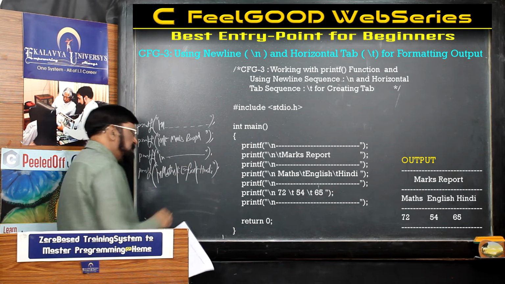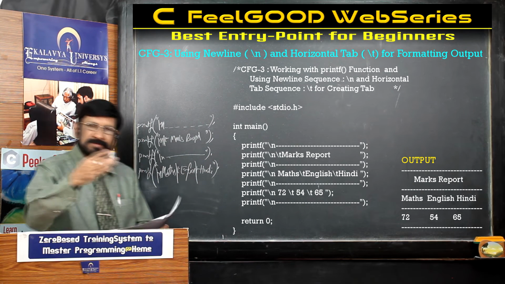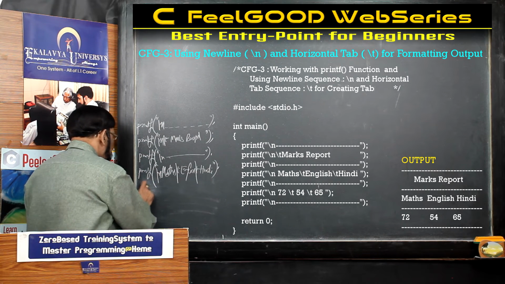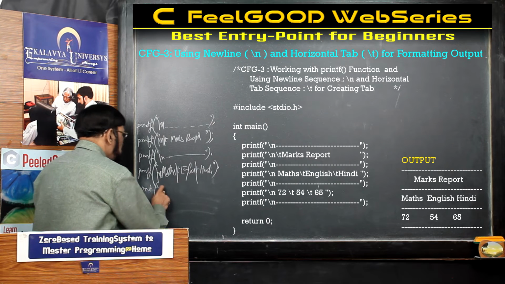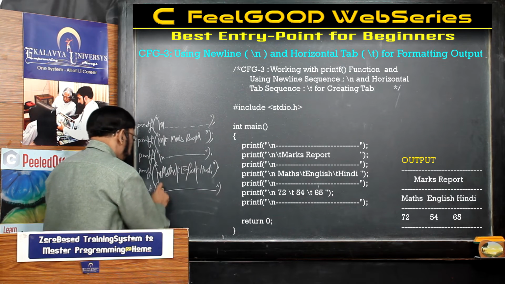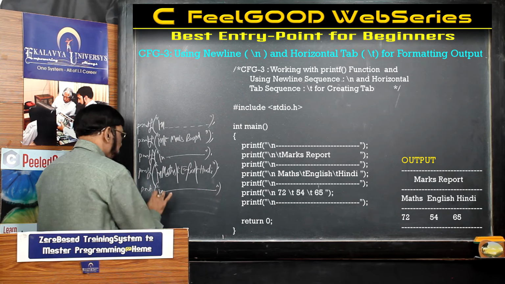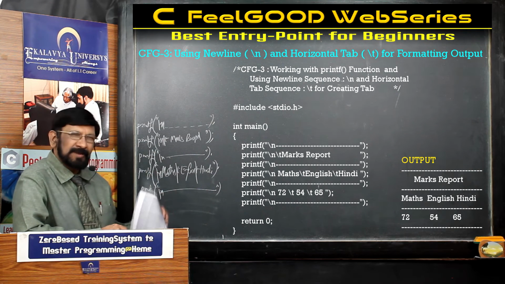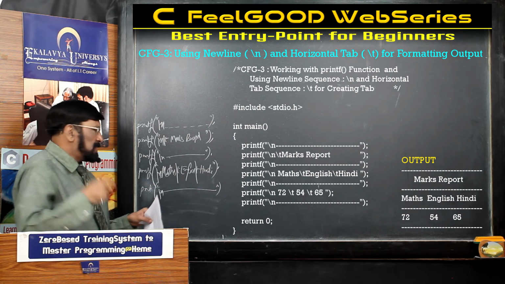Like this, automatically spaces are created, tabs are created between the titles. Thereafter, what is there? One more line is there. So you write that. Don't forget the newline. Anywhere, if you forget things, your output looks different. Then only you can grasp.